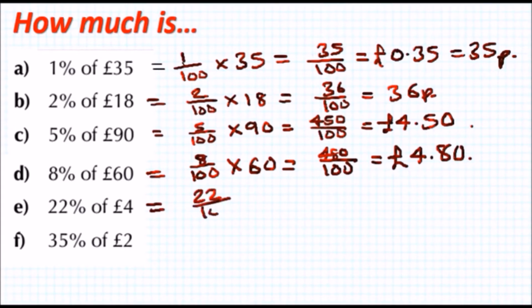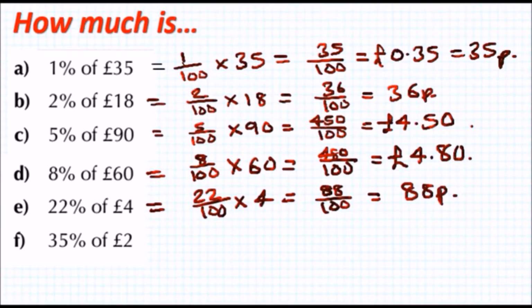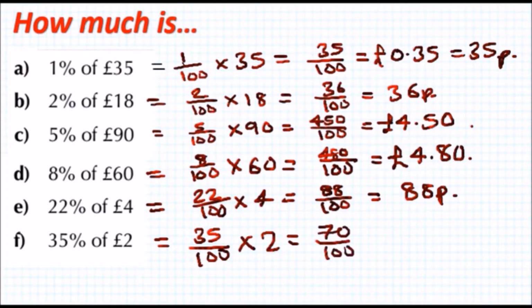Even if the number gets bigger, it's always the same method, times 4. Thankfully these are easy, so 22 times 4 is 88 over 100, this is basically 88p. Lastly, 35% of 2 pounds, so 35 over 100, multiply that by 2. This is easy, just 70 over 100, and that's just 70p.